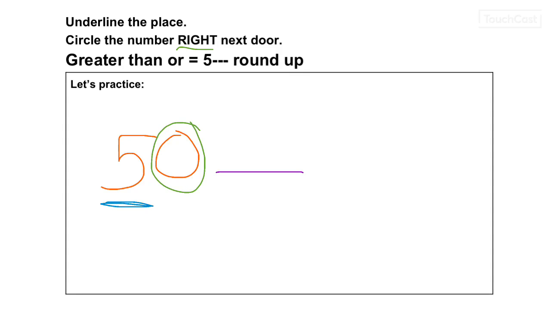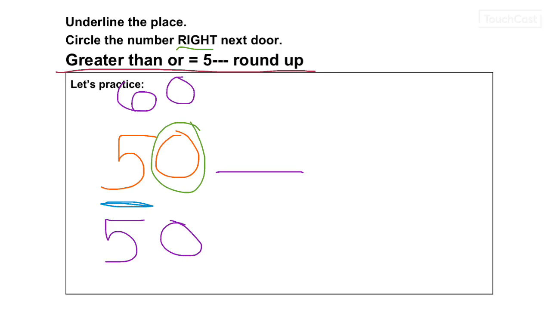Now, which two tens is 50 between? Well, it could stay itself at 50 or bounce up to 60. This one seems pretty obvious, but I like to go over it to explain that any number can be rounded. So we look at the circled number. Is 0 greater than or equal to 5? No. So we round down. It stays the same. So some numbers are already rounded. Some numbers do not change.